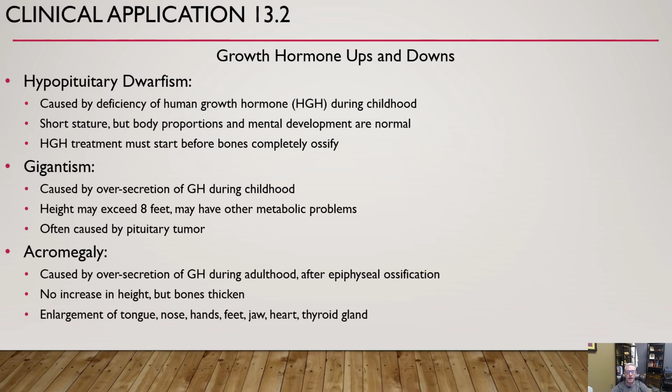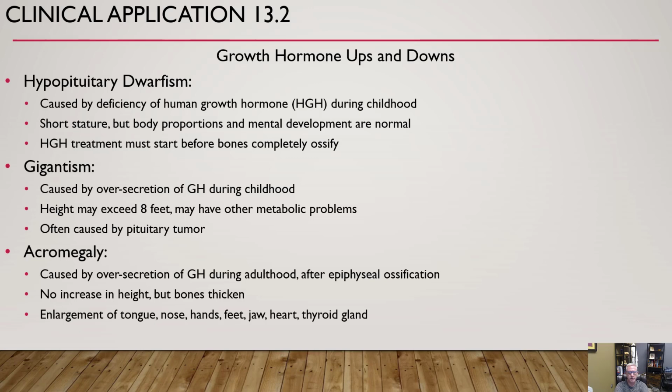When we're talking about growth hormone, we do have deficiencies or excesses, ups and downs. Too much growth hormone and too little growth hormone. Hypopituitary dwarfism, gigantism, and acromegaly.